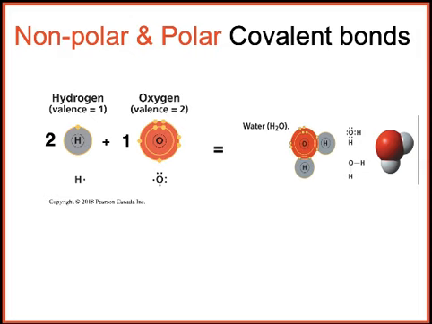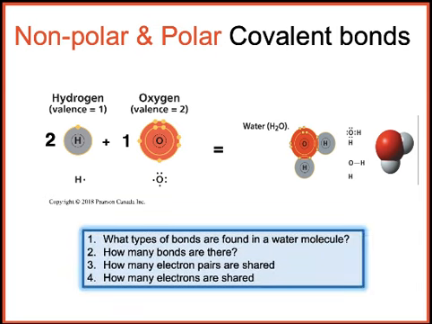Okay, now let's move on to this very important concept for the rest of the year, polarity. Nonpolar and polar covalent bonds. Okay? So here you have hydrogen and oxygen coming together to form water, right? What types of bonds are found in water?